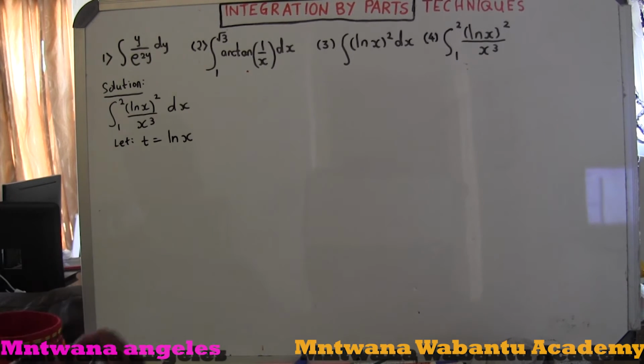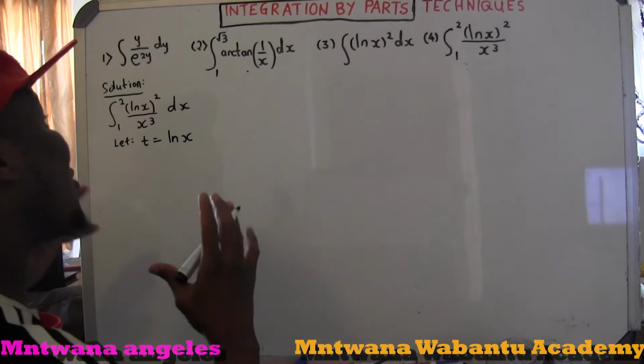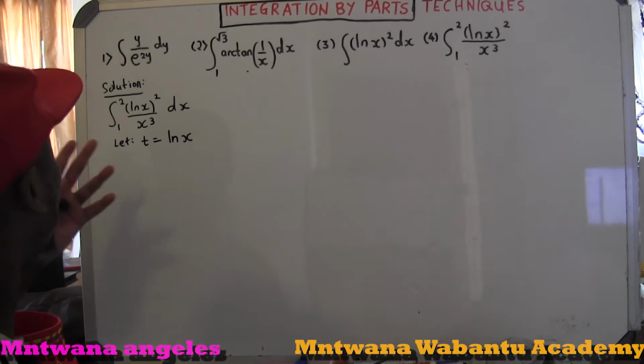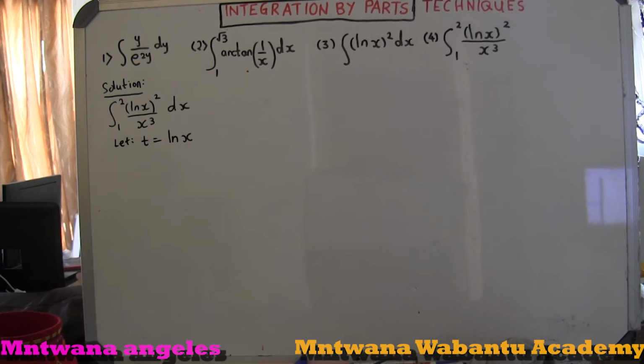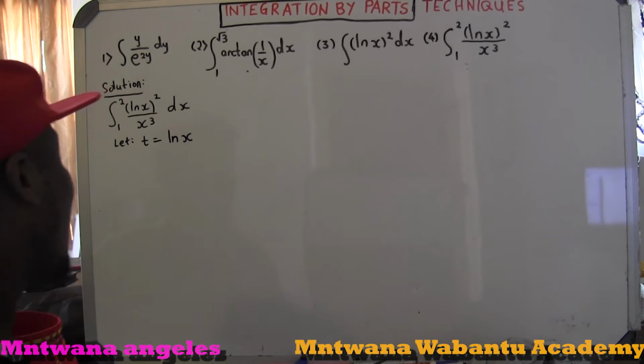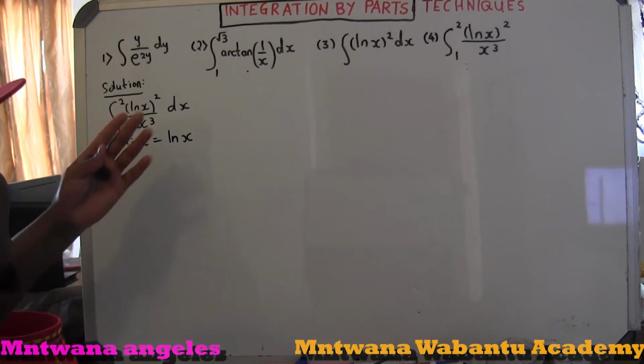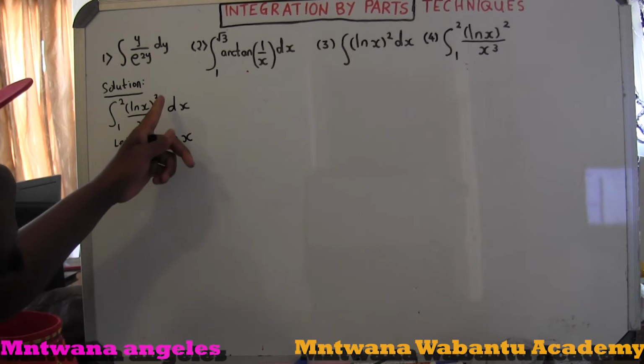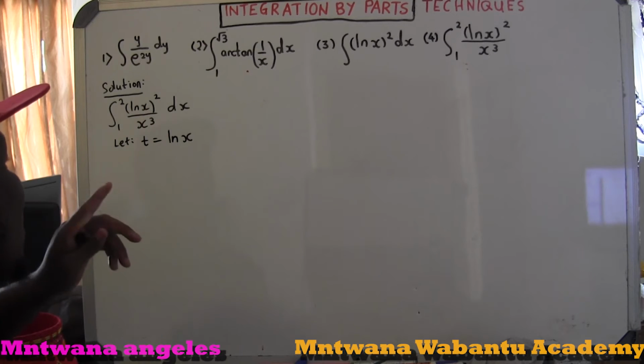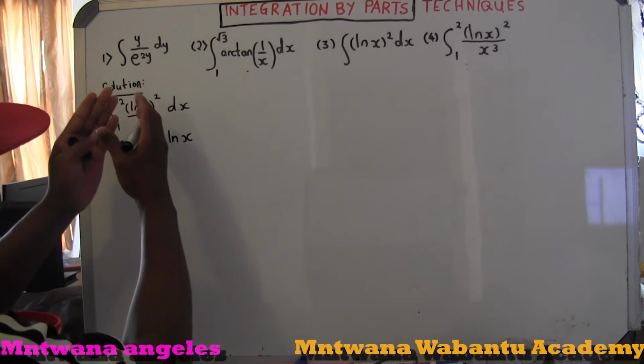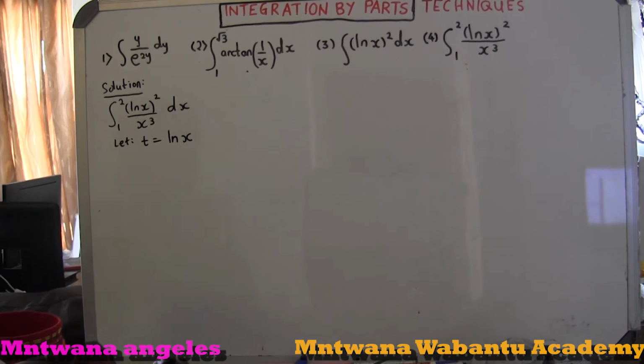I don't know whether it's going to be substitution, because if I want to do it by parts, it's going to be a challenge. So personally, I'm going to approach it this way, because remember we have ln of x squared here. Let t equal ln of x.